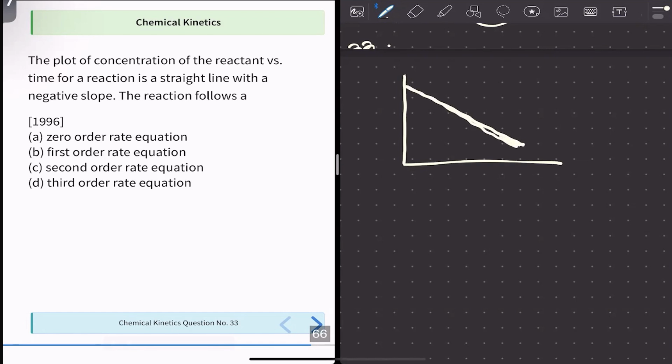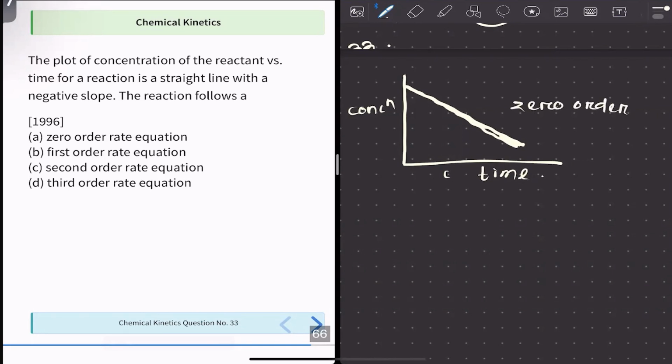For the graph part, you have to remember every graph. For every order of reaction, you have to remember the graph. It is a graph of concentration versus time. Concentration is decreasing linearly. That means it is a zero order reaction.